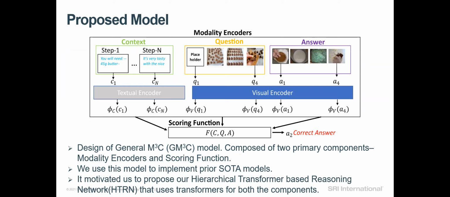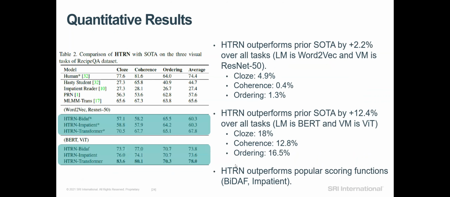I already told you how this is multimodal data. So there is text and there is also visual information. And you see that we have this kind of a hierarchical setup where we have modality encoders, and then we have a scoring function. And so we are able to propose this hierarchical system.